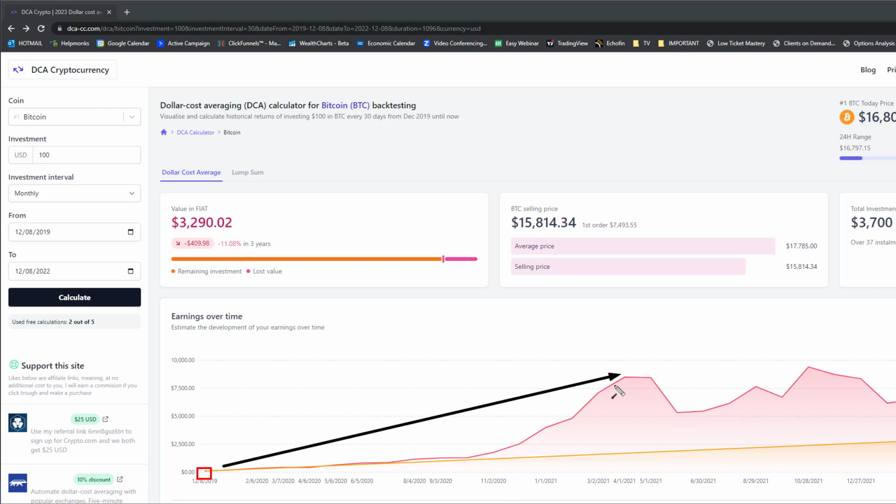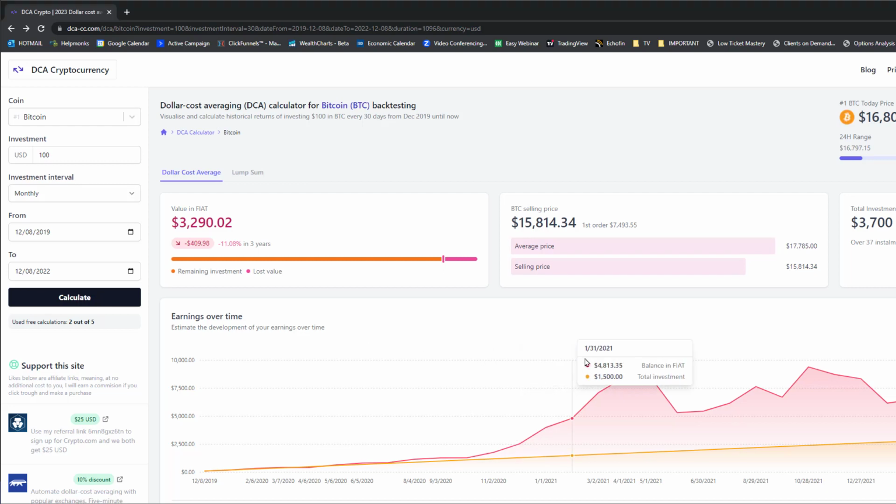Now, if I go over this, actually, I think I'm going to have to take the drawing tool off to do the crosshairs. Yeah, so there we go. By April 1st, we're doing good. This is April 1st, 2021.